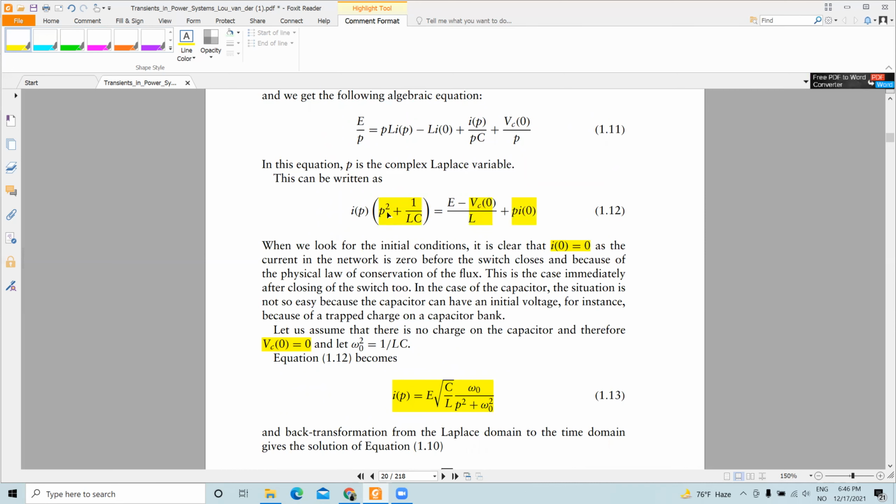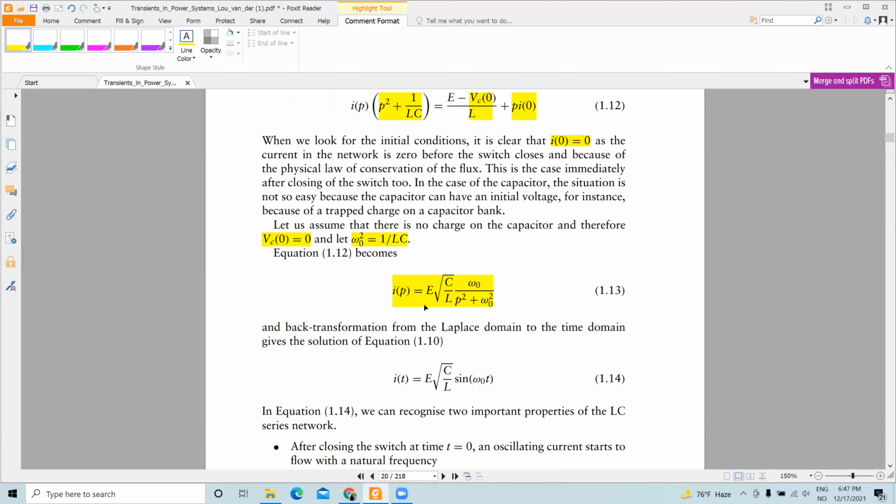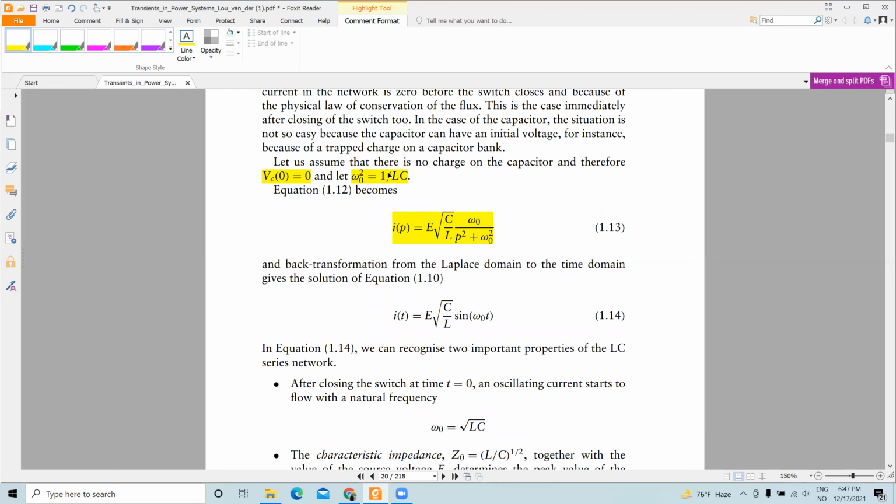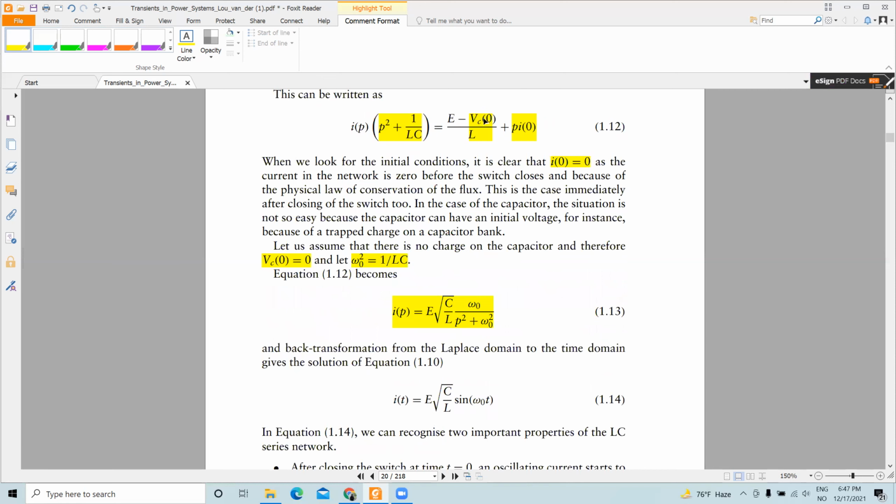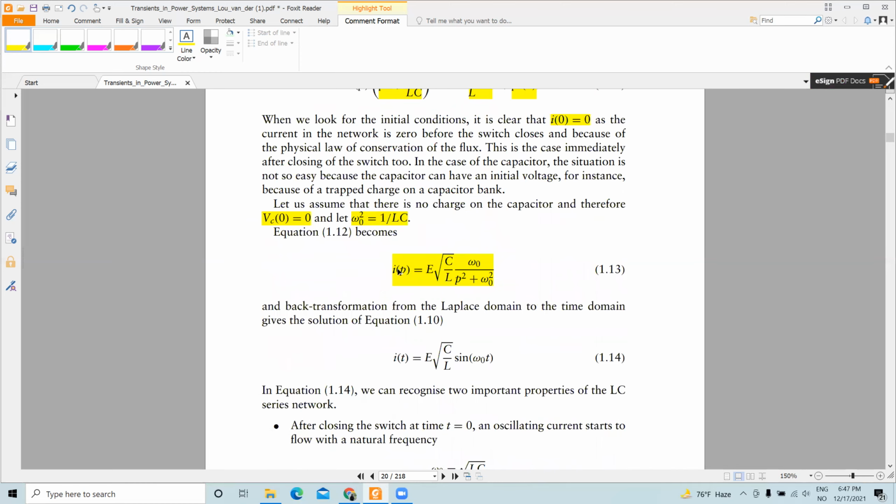If you rearrange, you get I of P equals E root over C by L, omega naught divided by P square plus omega naught square. Omega naught square is basically 1 over LC, which is the frequency of this LC circuit. So from here, replacing V of C and I of 0 with 0 values, you will be able to get I of P.